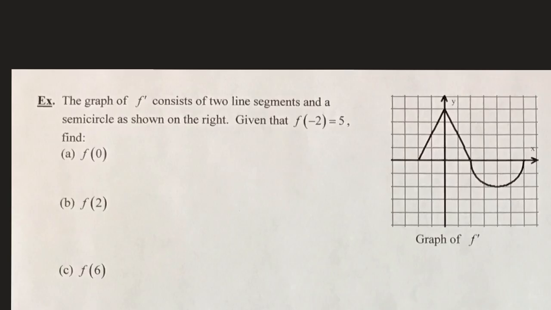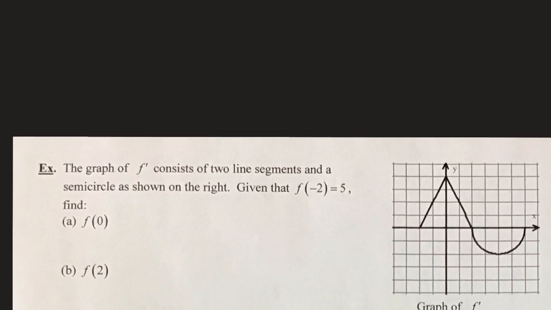Okay, this is a pretty classic AP calculus question about the fundamental theorem. Notice we have the graph of f prime. So this is the graph of f prime, and when we take the integral of f prime, we get f. Okay, so this is what we're using.